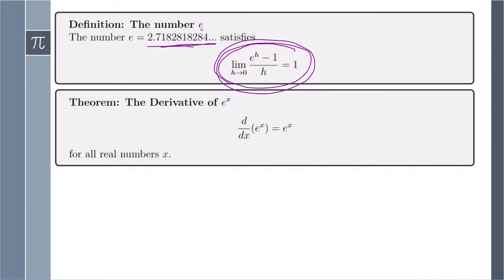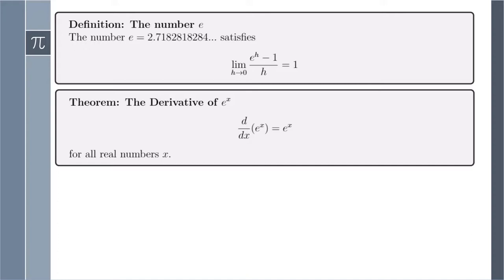It says the derivative of e to the x is e to the x, so the derivative is itself. So now let's go ahead and prove that the derivative of e to the x is e to the x. In order to prove that, we are going to use the definition.